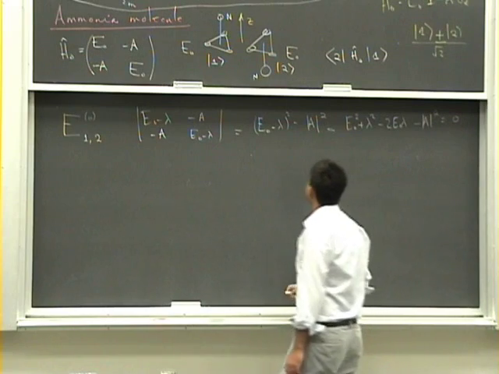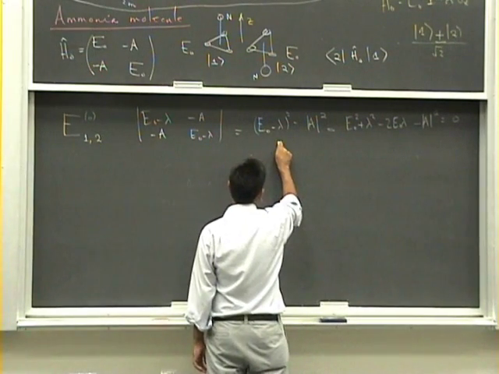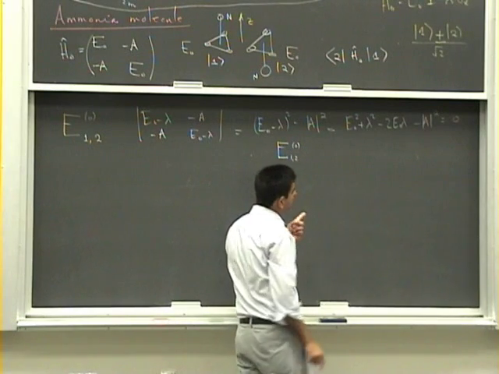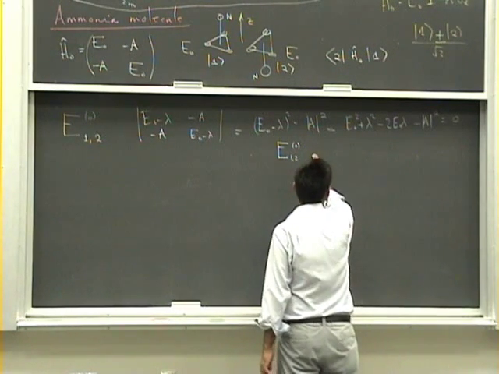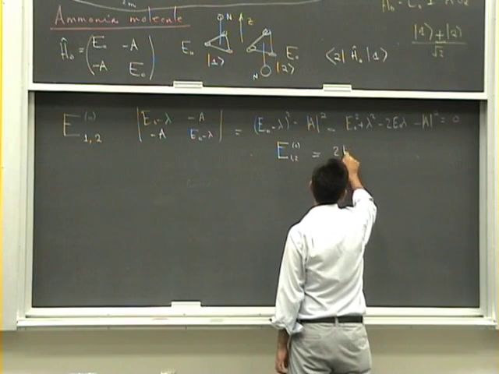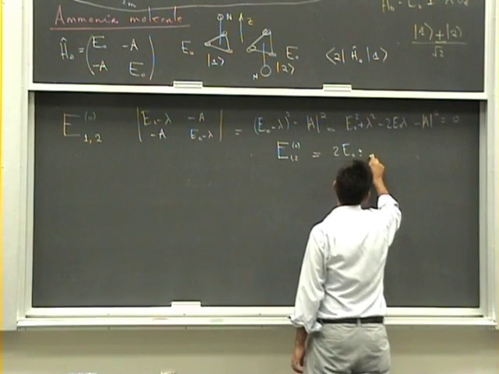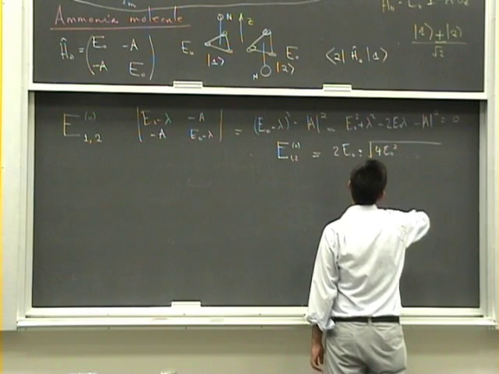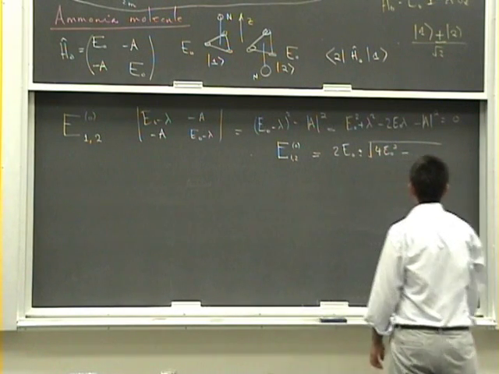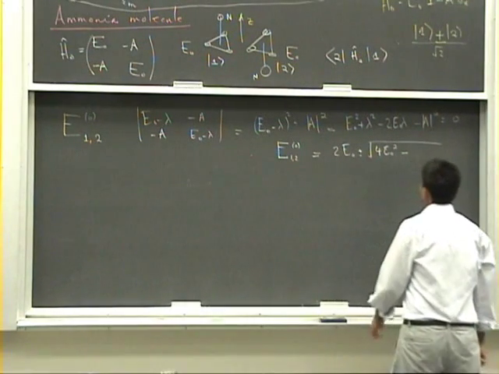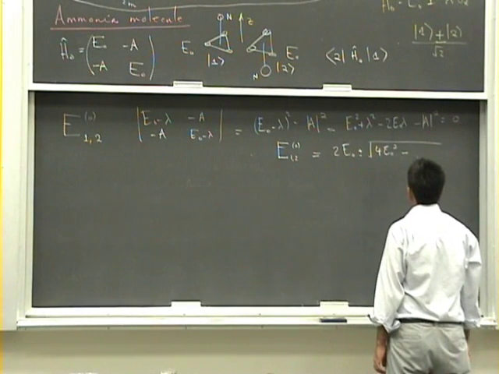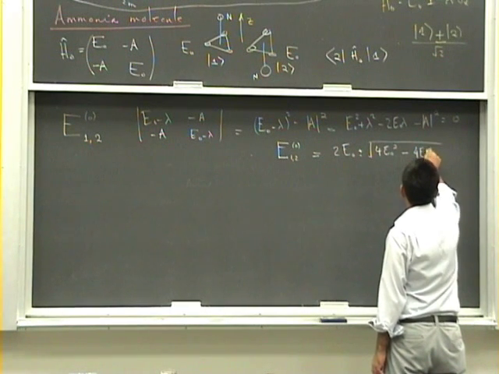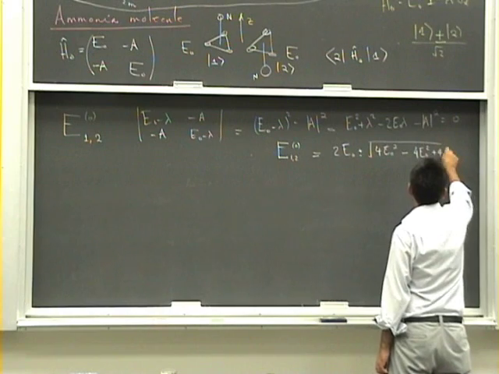So this means that the energy eigenvalues E1, 2 up to 0th order are just the values of lambda here, which you get by solving this. They will be equal to 2 E naught plus or minus the square root of 4 E naught squared minus 4 E naught squared plus 4 A modulus squared.